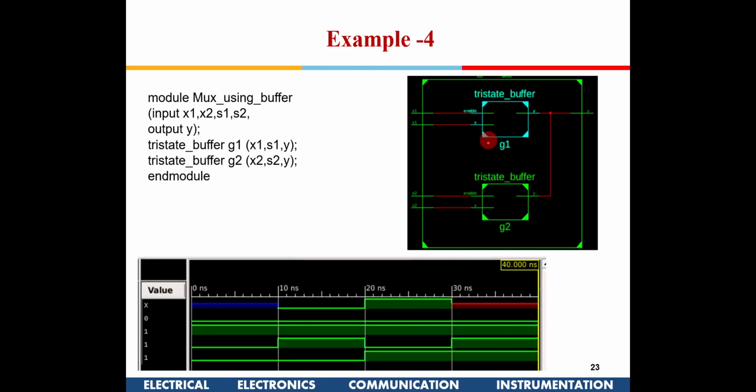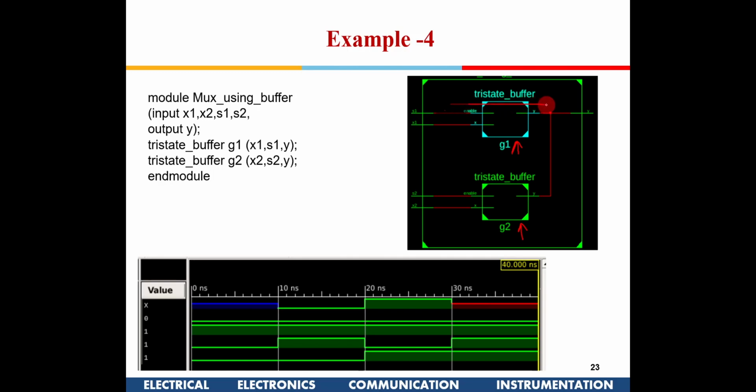Now I have two tri-state buffers, and I can use them to make a mux. I give a control signal here, and I give a control signal here. I activate the tri-state buffers such that only one of them is active at any given time.